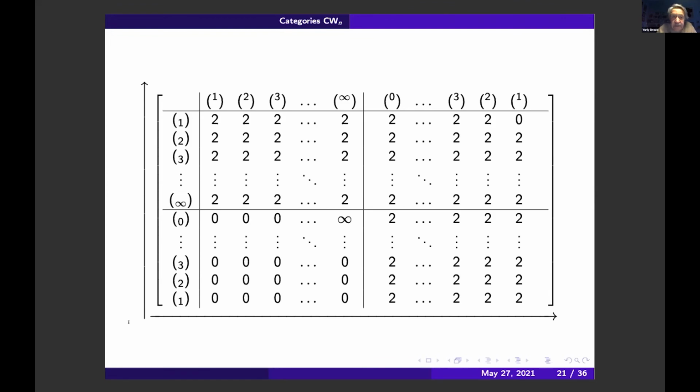The 2 means that the values are from the cyclic group of order 2, the infinity from the infinite cyclic group. And these arrows show that we can add columns from left to right and rows from bottom to top.